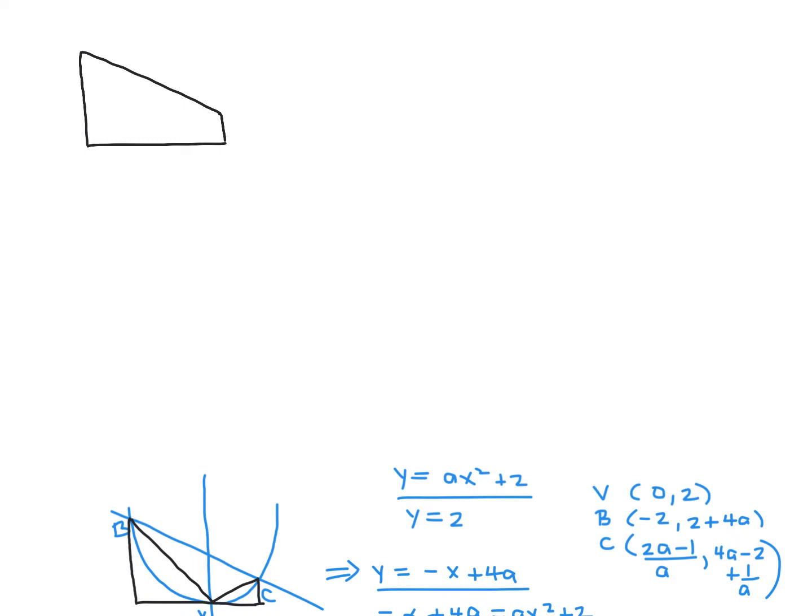Most of you remember that the area of a trapezoid, if this side is B, this is A, and this is H, is (A plus B) divided by 2 times H. So we have to use these coordinates to figure out the area.